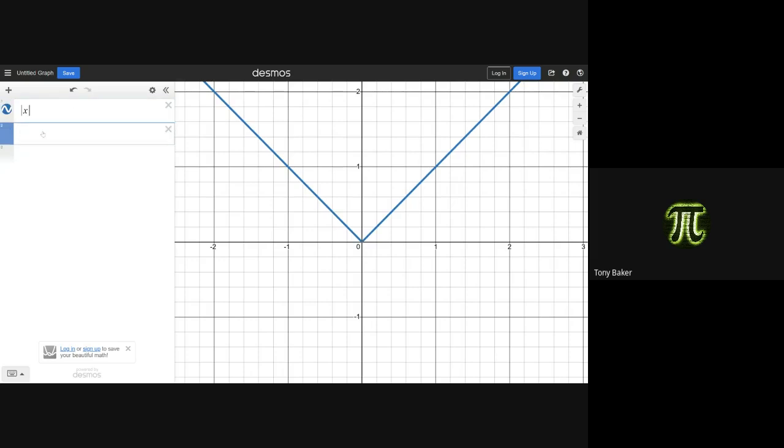Well, where is it 1? Oh, hold on, I've got to do it greater than 0. That's right. So that side's 1, right? And the other side is -1. So what's the derivative right there?